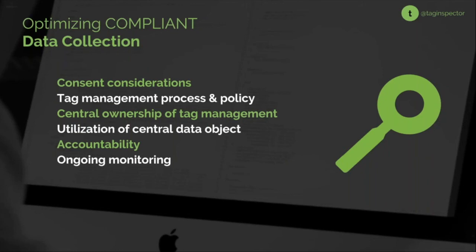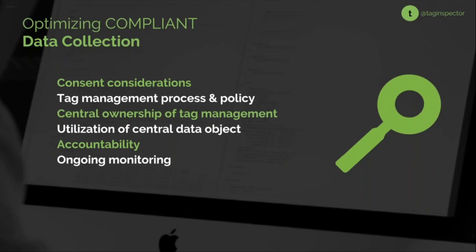Second part to keep in mind and how to optimize is your tag management process and policy, making sure that compliant data collection is not something that is just happening at first when you do the audit, when you do the architecture, but making sure that you have the proper policies and processes in place, that new tags that are added, everything goes through with privacy in mind, and only compliant data collection happens on the site moving forward.